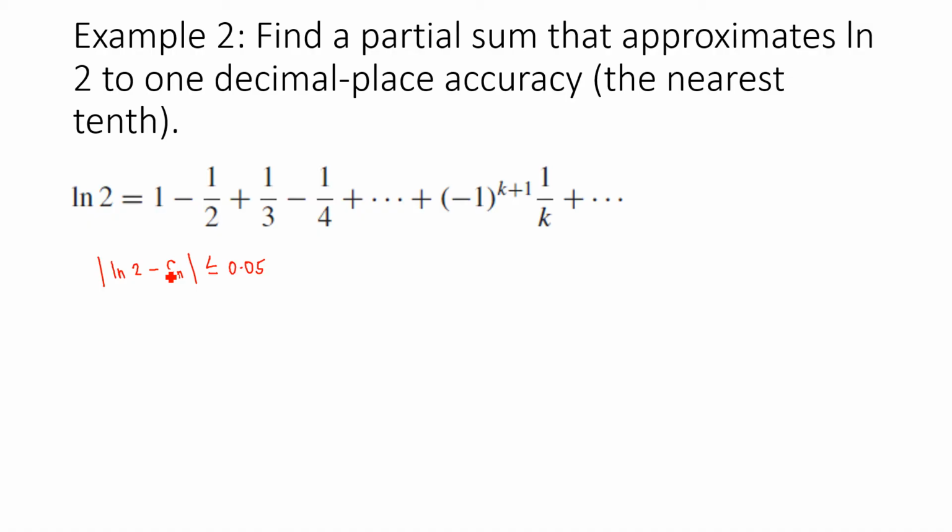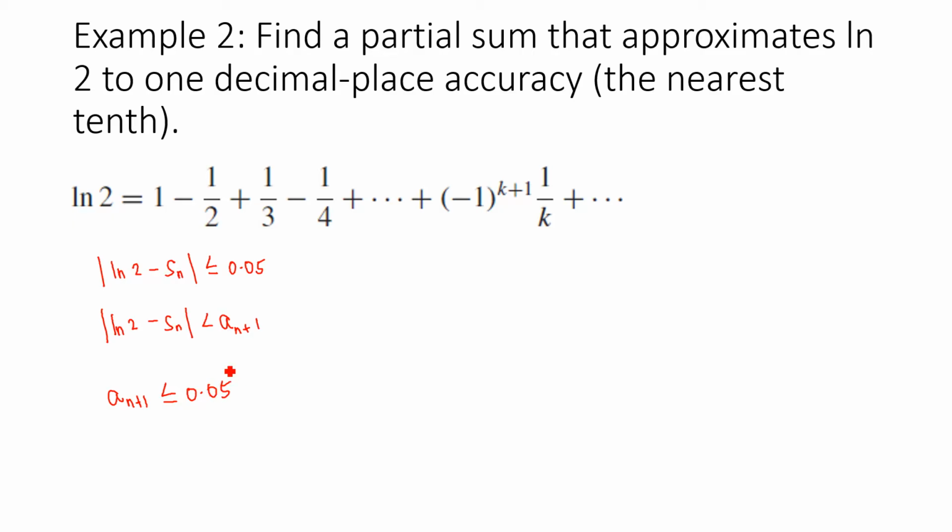From the theorem on the previous slides, we have the absolute value of the natural logarithm of 2 minus S sub n should be less than a sub n plus 1. So it suffices to choose n so that a sub n plus 1 is less than or equal to 0.05.